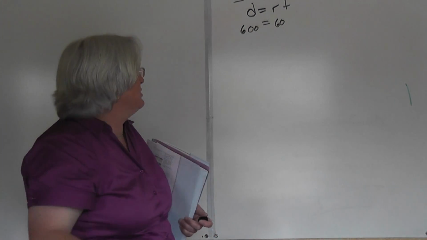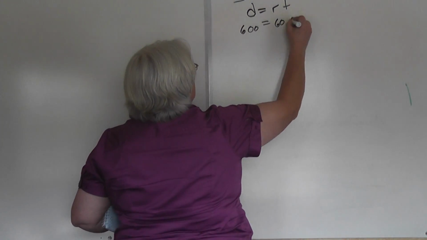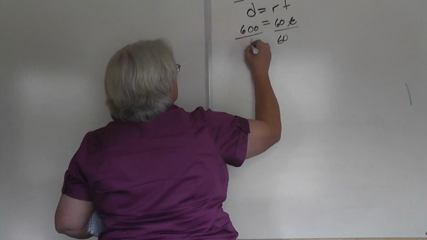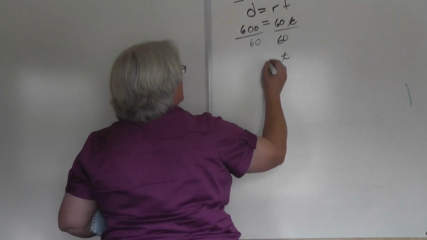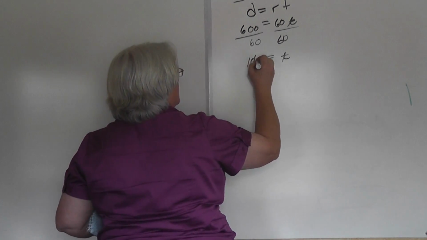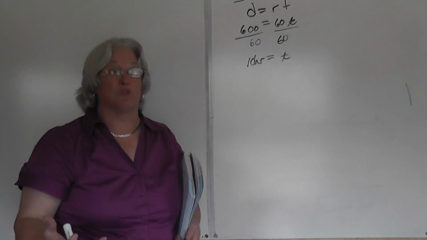I don't know where that is, but you don't stop. How long is it going to take you to get to Grandma's house? Well, it's going to take you exactly 10 hours to get to Grandma's house, because time is how far you have to go divided by the speed at which you are covering that distance.